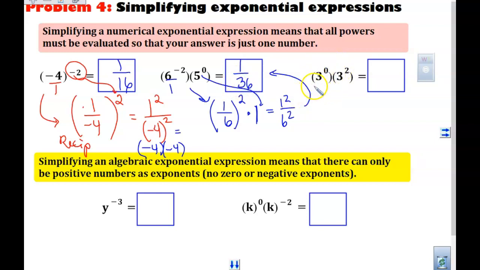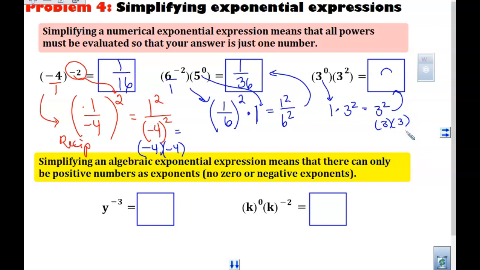Taking a look at the next one, 3 to the 0. Morgan, what do I know 3 to the 0 is equal to? 1. And it's times 3 to the second. So if I'm multiplying those, I just get 1 times 3 to the second. That's just 3 to the second, which equals? Careful. 9. Yeah. And if it helps you, write out the expanded form. This is never going to be wrong.